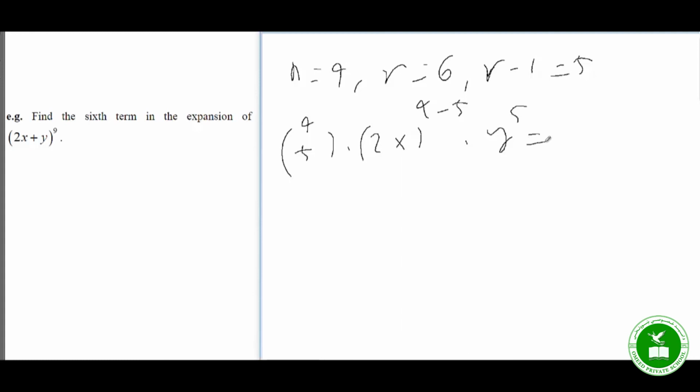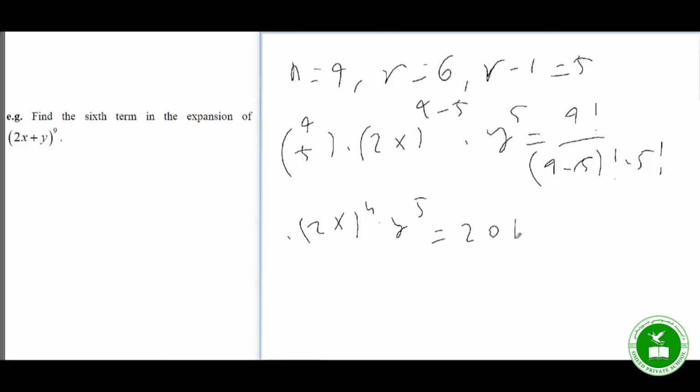If we expand them, if we simplify them, so a combination of 5 from 9 is 9 factorial over 9 minus 5 factorial times 5 factorial times 2x completed to the power of 4 times y to the power of 5. And if we simplify them, calculate them, we will get 2016 x to the power of 4 times y to the power of 5 will be the sixth term of 2x plus y completed to the power of 9. The expansion of that.